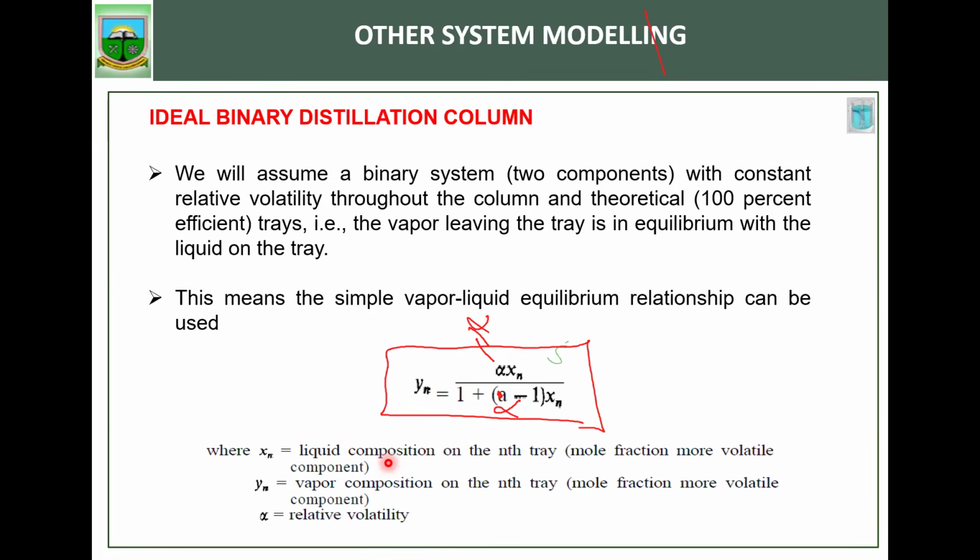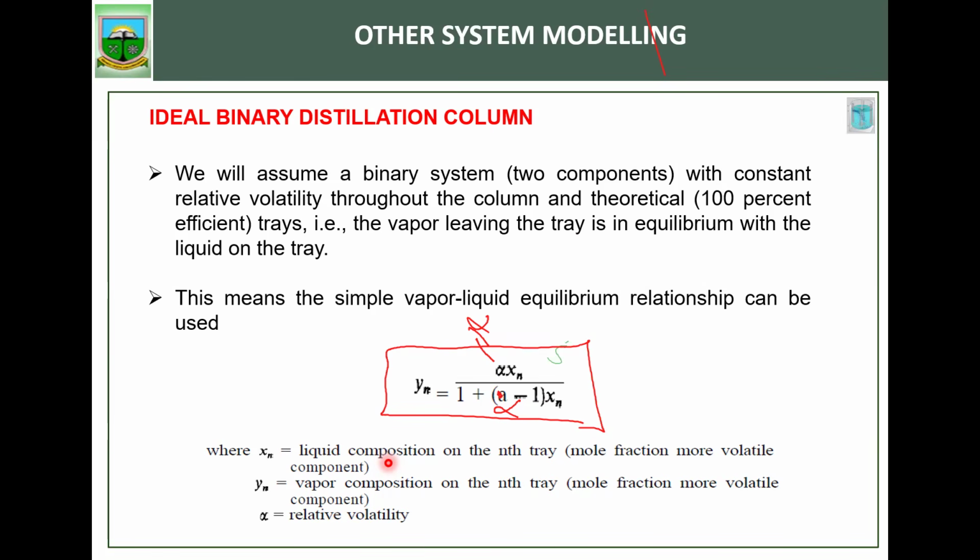Right. So let's look at the assumptions in a binary distillation column. We assume that we have two components. One is volatile, one is heavy. Our priority is to take away the volatile component. We are also assuming that these two components have a constant relative volatility throughout the whole column.